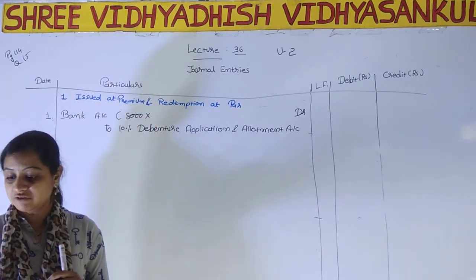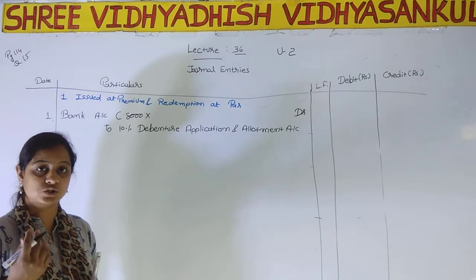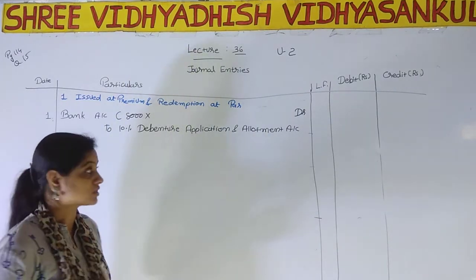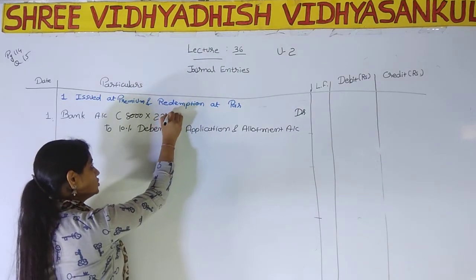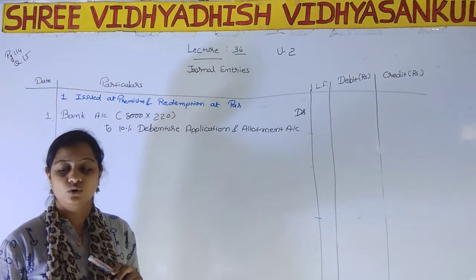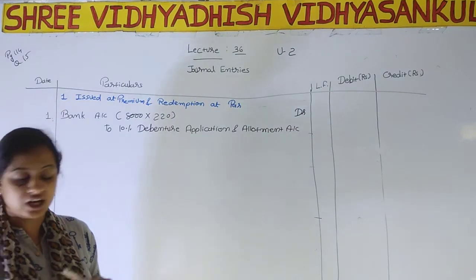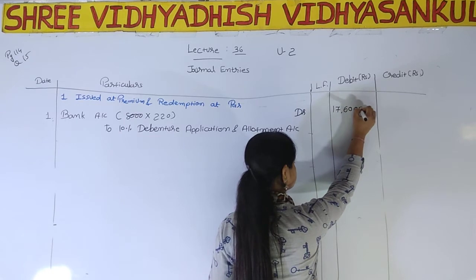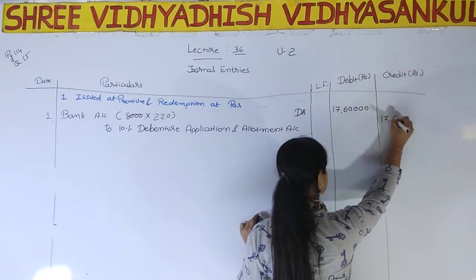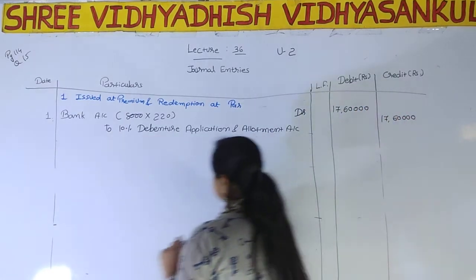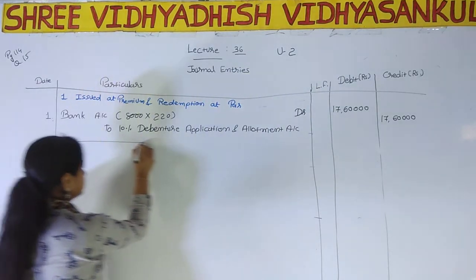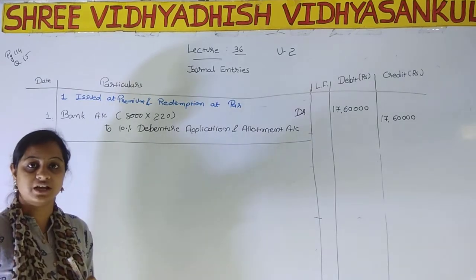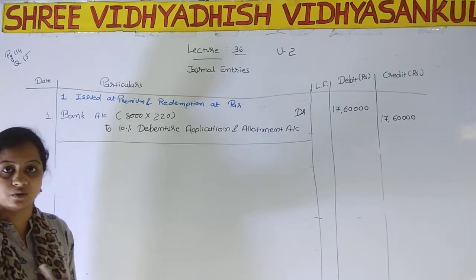But we have issued this with premium, that means 200 rupees face value plus 10% premium, that is 20 rupees. So we have issued this debenture at 220 rupees, right? And the amount will be 17,60,000. Underline. They have said we have to write the journal entries without narration. That's why we are not writing being anywhere, right?